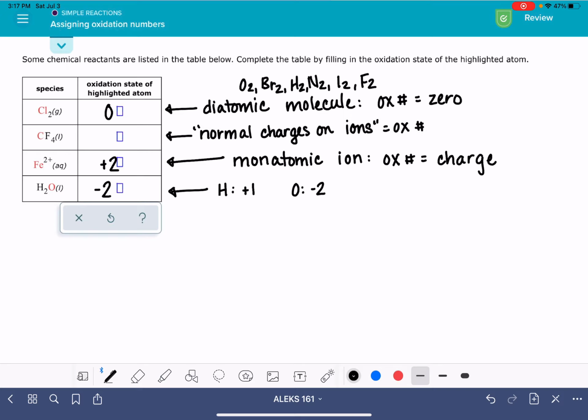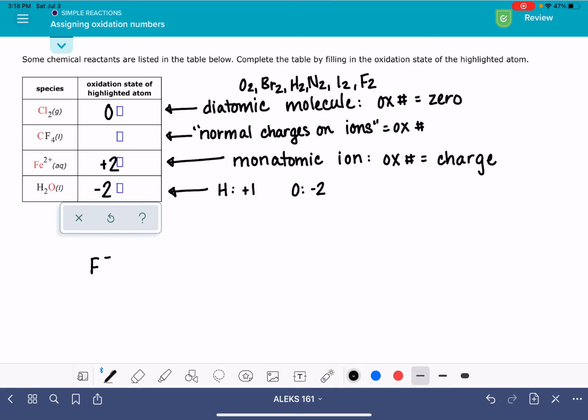So when you're kind of up against a wall and you don't really have any other easy rule that you can rely on, then you're going to go to this rule right here. And you're going to say, well, do I have a normal ion, or do I have an atom that normally ionizes in this molecule? And we do. Carbon is not an atom that normally ionizes, but fluoride is a normal standard ion.